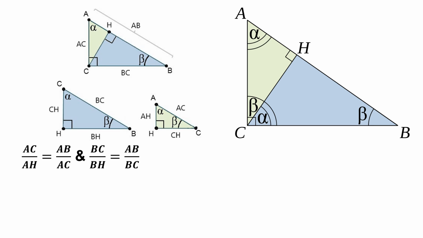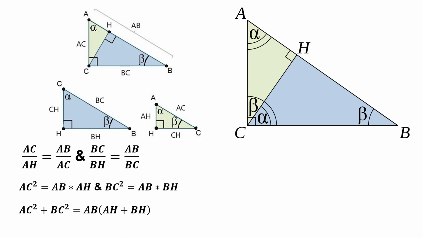Rearranging both equations gives AC² = AB × AH, and BC² = AB × BH. Once you have this, you can add up both equations, which gives you AC² + BC² = AB × (AH + BH).